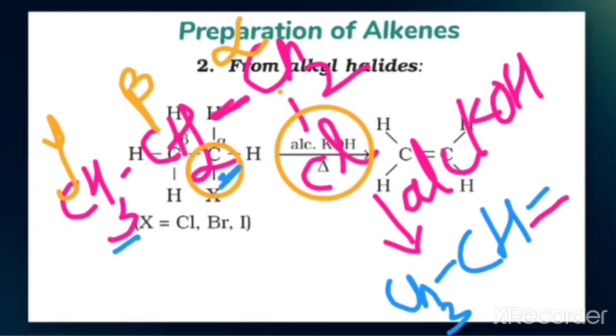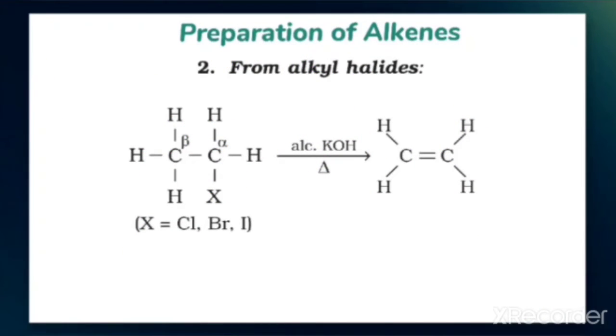So the alkene propene is formed. If the alkyl halide contains more than one beta carbon, then two or more possible alkene structures can be formed. That we will discuss in the problem section.